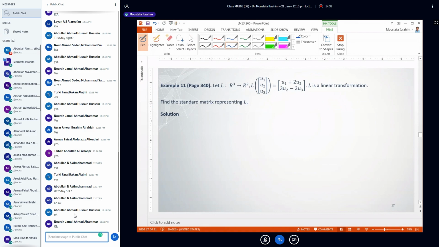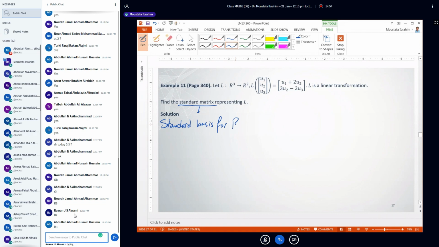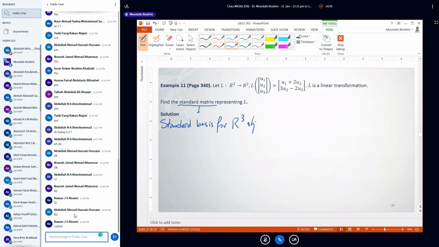Yalla guys, always, to find the standard matrix, you have to take the standard basis of which space? R2 or R3? Very good. Standard basis for R3, the starting space. Yes, Rawan? Okay, Rawan, yeah, for sure, no problem. So what's the standard basis for R3?